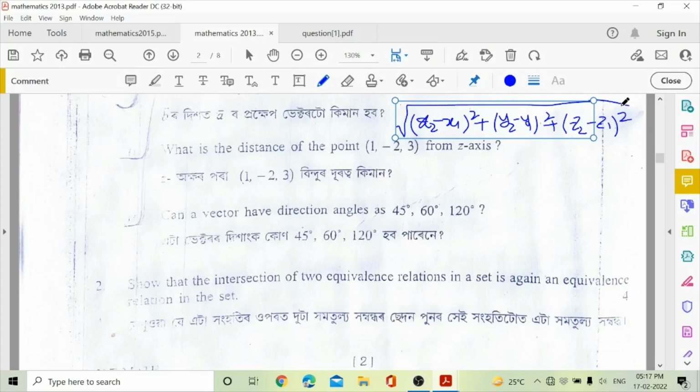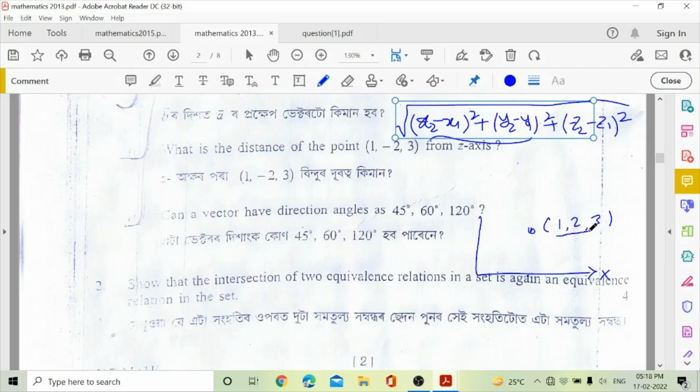In a 2-dimensional plane, you consider only 2 components. But as you have to find the distance of this point from the z-axis, what you will do? Let us consider, for simplification purposes, that one point is given whose coordinates are 1, 2, 3. Suppose you have to find the distance of this point from the x-axis.